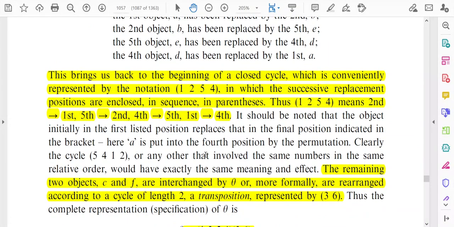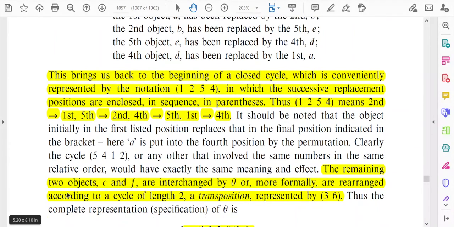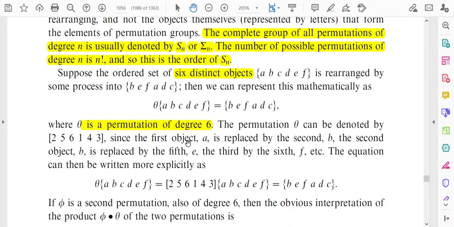And another thing should be noted, that is here the remaining two objects C and F are interchanged by theta, that is more formally rearranged according to a cycle of length 2, or a transposition, represented by 3 and 6. Because you see again in the operation here, in the third position it was C, and in the sixth position it was F, and after the rearrangement C and F interchange with each other.